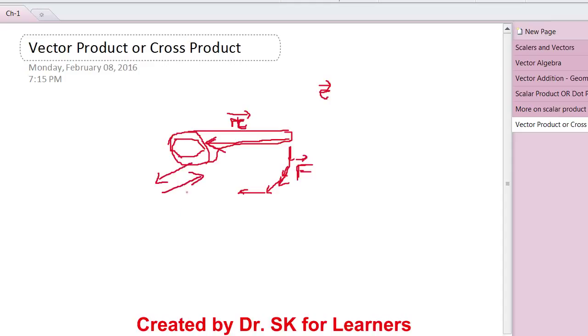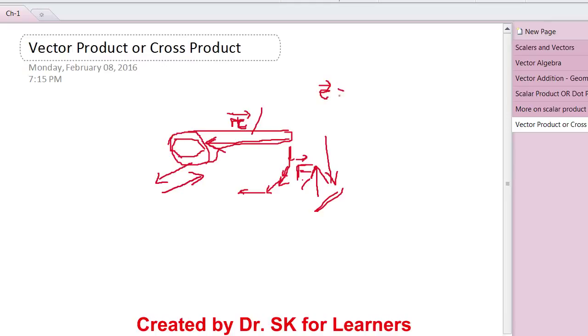So the movement of the nut is basically perpendicular to both F and R, and it depends. If you try to push it this way, you are multiplying F with R, and if you're trying to pull it this way, you're multiplying R with F. So based on this, the nut will either open or close or fit in.